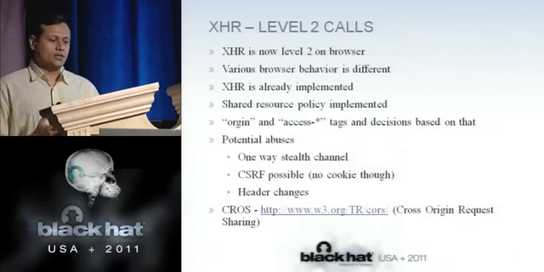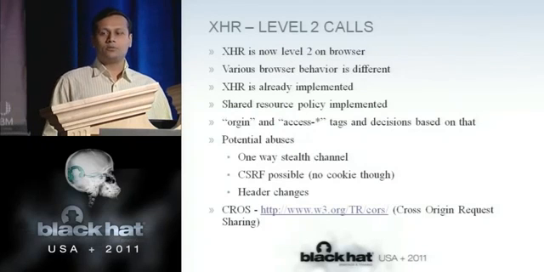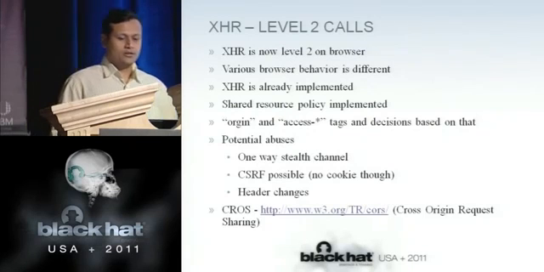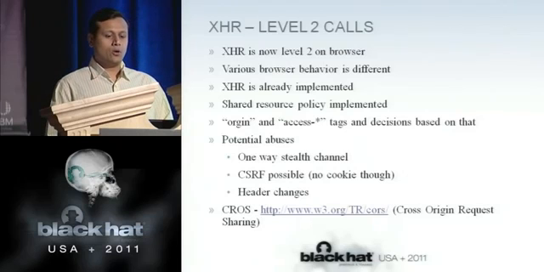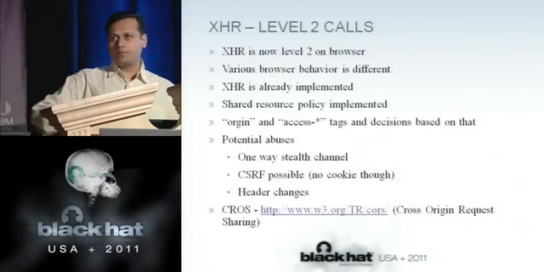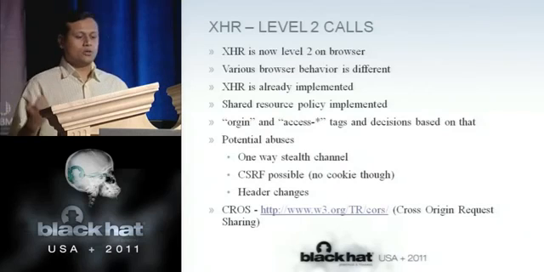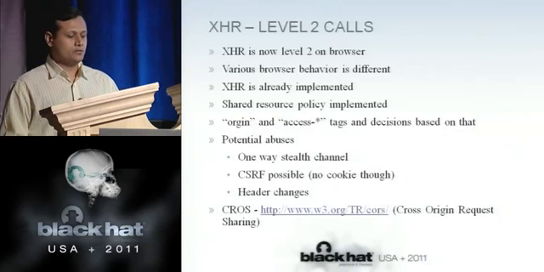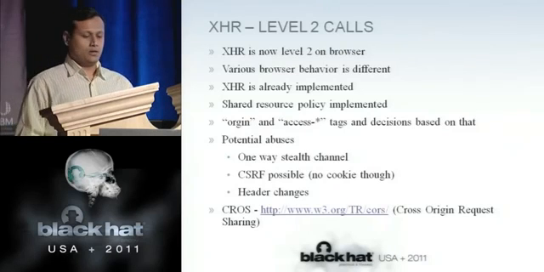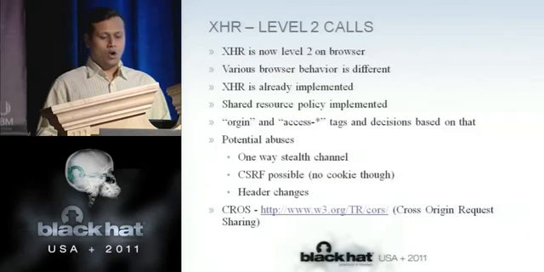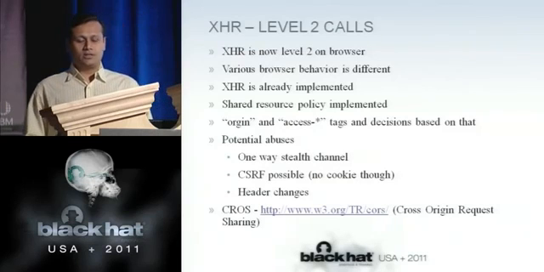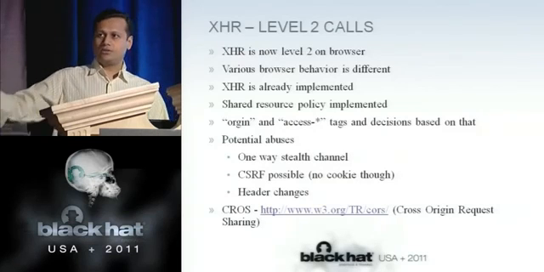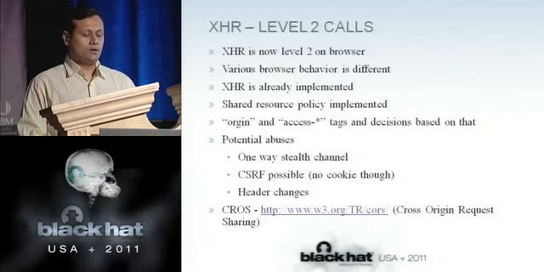XHR level 2 calls are now implemented in all the browsers. What this call does is, when it makes a cross-domain call, it passes another HTTP header, which is called the origin header. The origin header, along with some of the access headers, will process your call or reject your call.